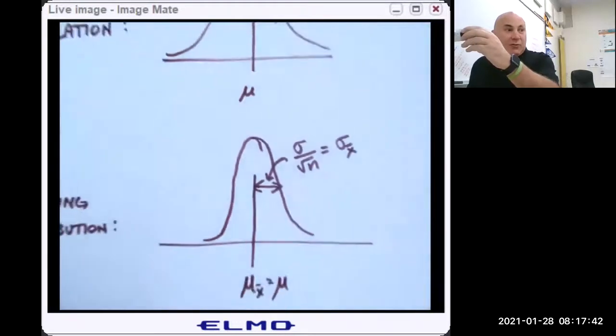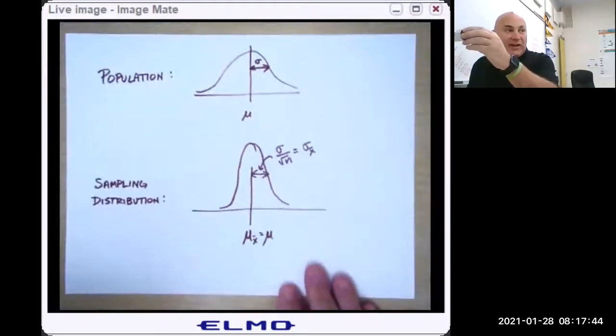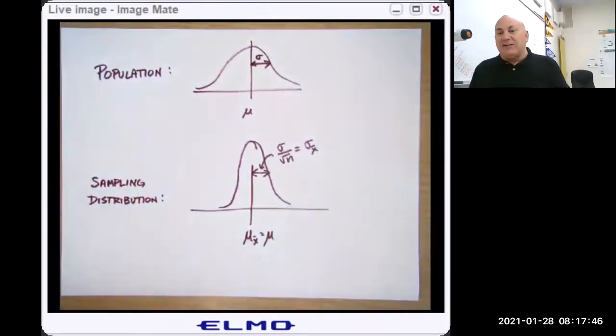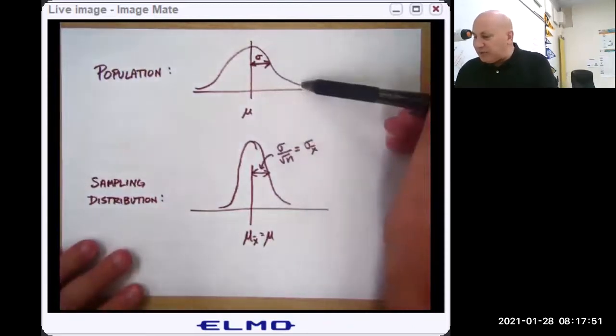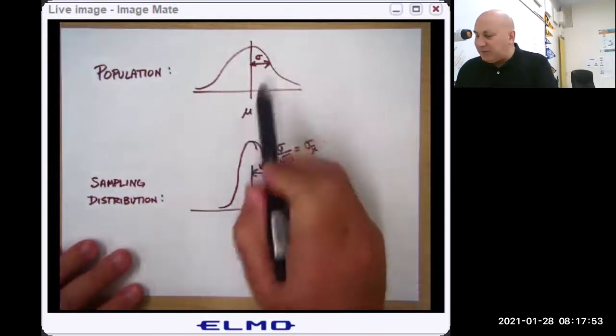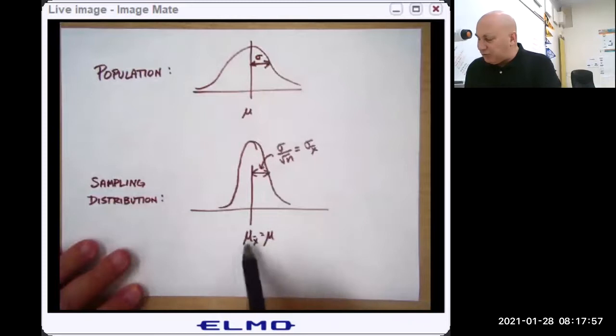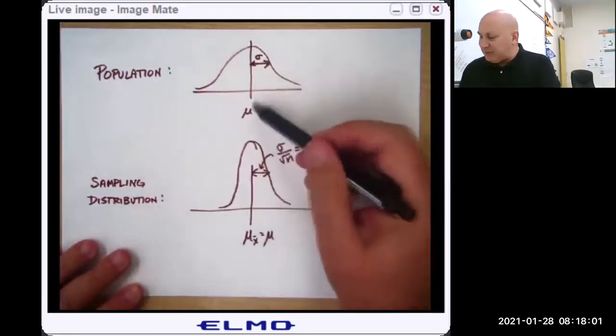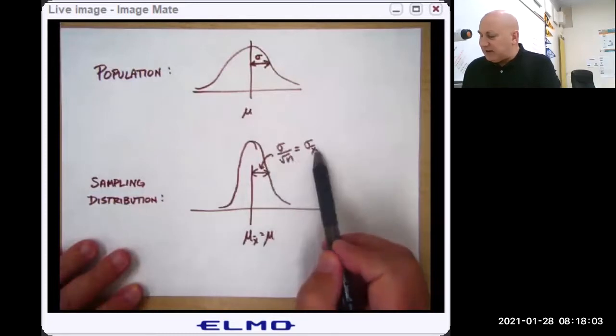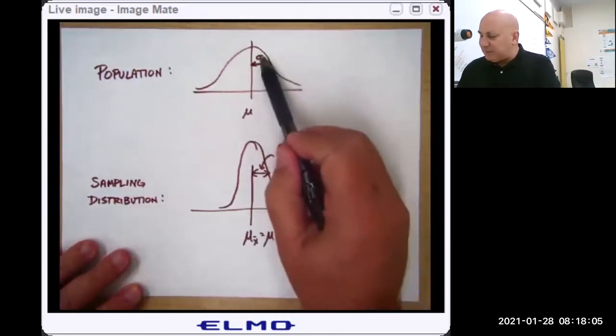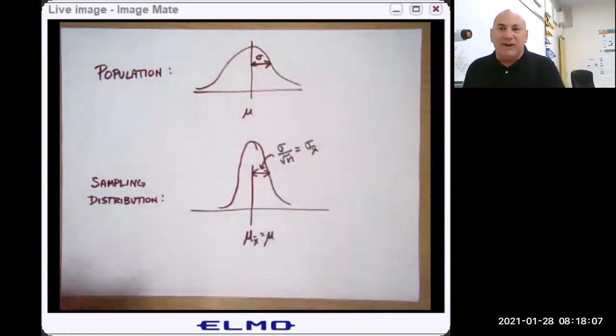So just as a reminder from what we learned at the end of last chapter about a sampling distribution and the central limit theorem. Here's a normally distributed population with a mean of mu and a standard dev of sigma. The sampling distribution of those X bars will have a mean of the same mu, but a standard dev that's this sigma up here divided by the square root of n, being your sample size.